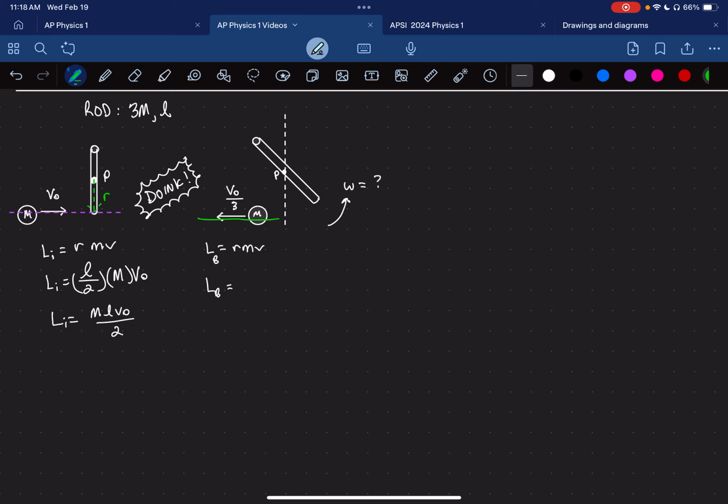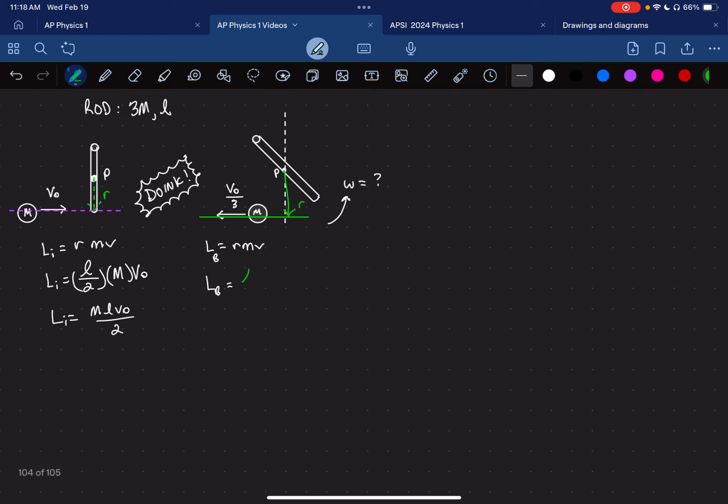Here's the line of action, and here's r. It's still just half of the length of the rod. The mass is still m, but v is now v naught over 3.